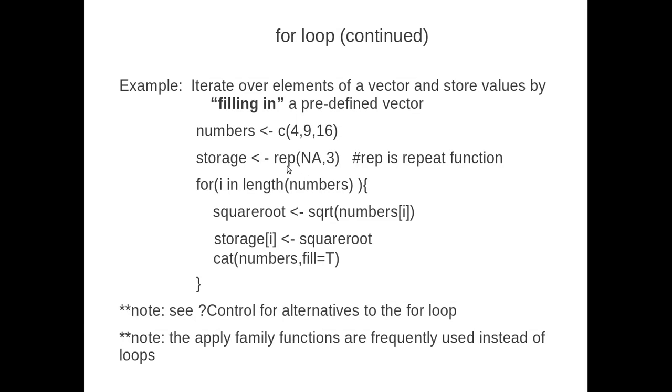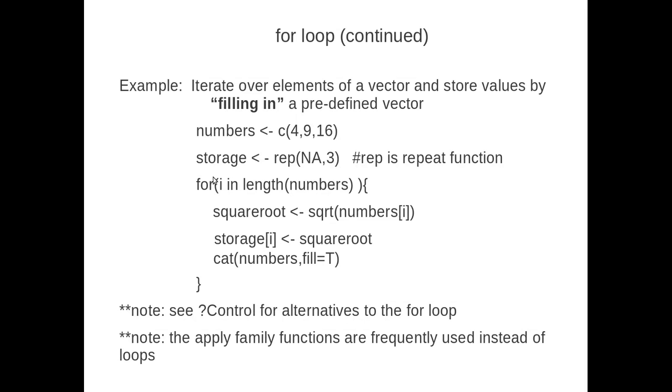And so rep is the repeat function. We can repeat an NA 3 times. So storage starts out as a vector of 3 NAs, or not available values. Now we loop through these 3 numbers and calculate the square root like we did before, but notice what we do here. Here, for the first time, I'm showing you a way to assign a value to a particular position in a vector.